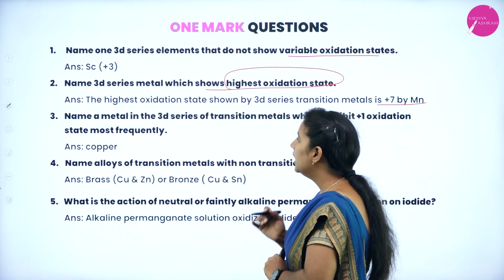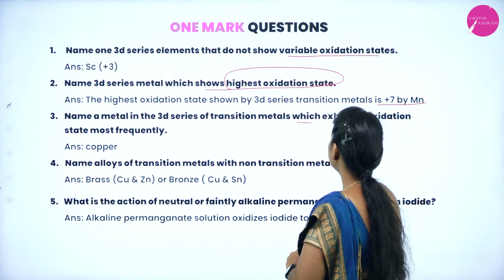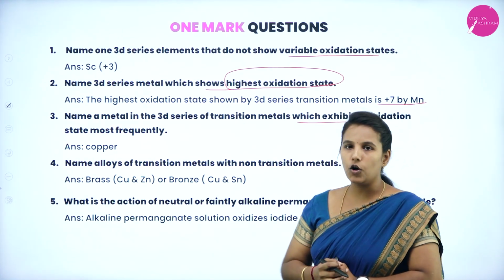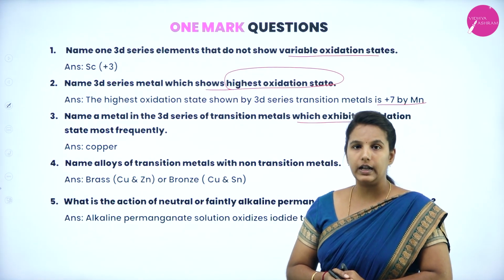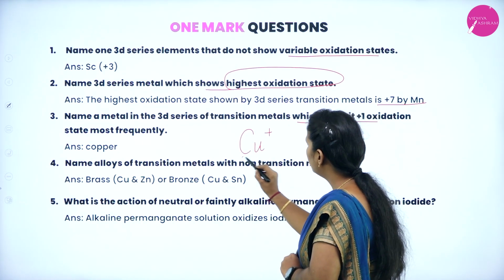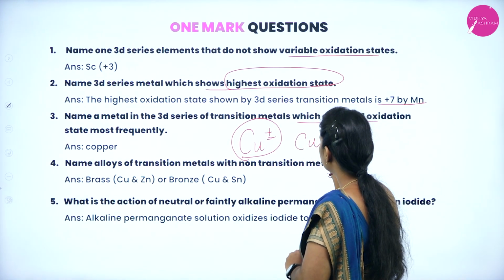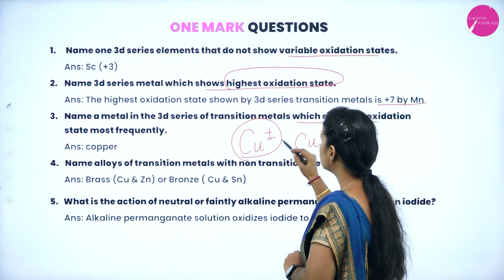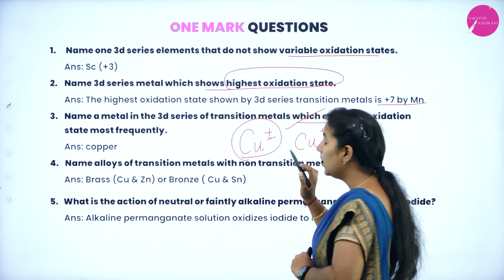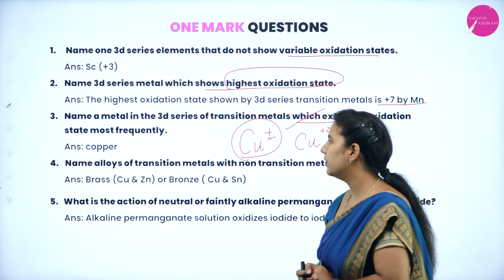Next question, name the metal in the 3d transition series which exhibits the +1 oxidation state more frequently. Copper exhibits a +1 oxidation state as well as a +2 oxidation state. Between these two states, +1 is more frequently exhibited by copper.